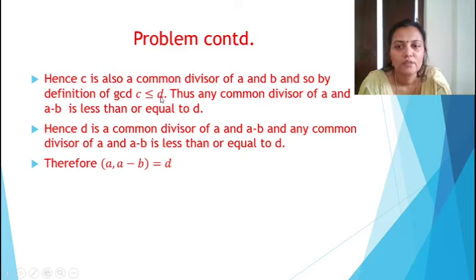So d should be the greatest one, c less than or equal to d. Thus any common divisor of a and a minus b is less than or equal to d. Hence d is a common divisor of a and a minus b, and any common divisor of a and a minus b is less than or equal to d. Therefore by definition of GCD, it's the GCD of a and a minus b, that is GCD of a and a minus b equal to d.